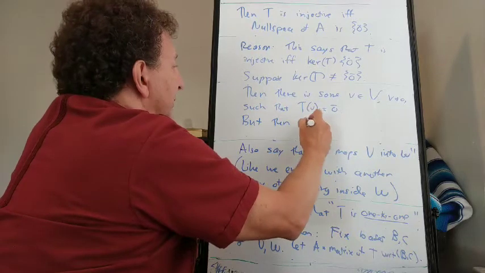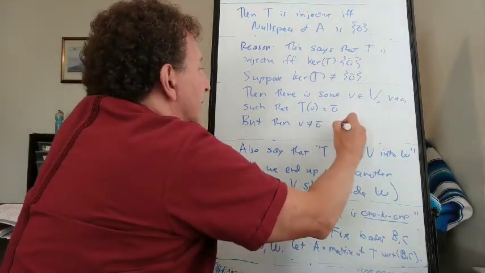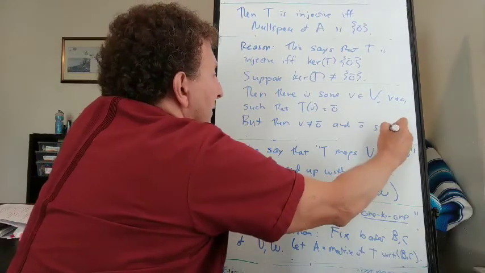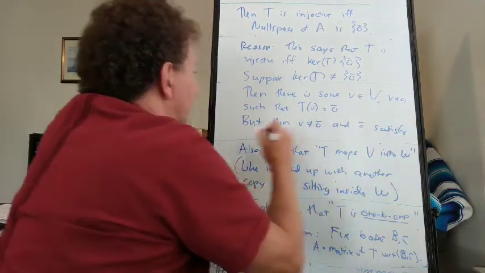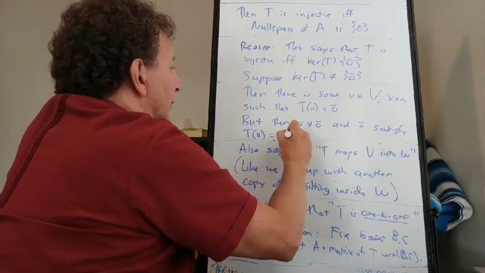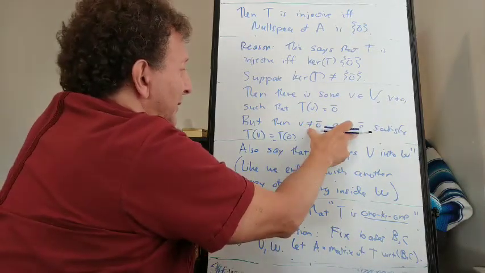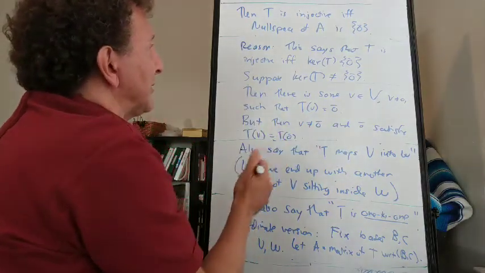But then v, which is not 0, and 0 satisfy T of v equals T of 0. Now if we have two different elements that get mapped to the same place, then that means our map is not injective.